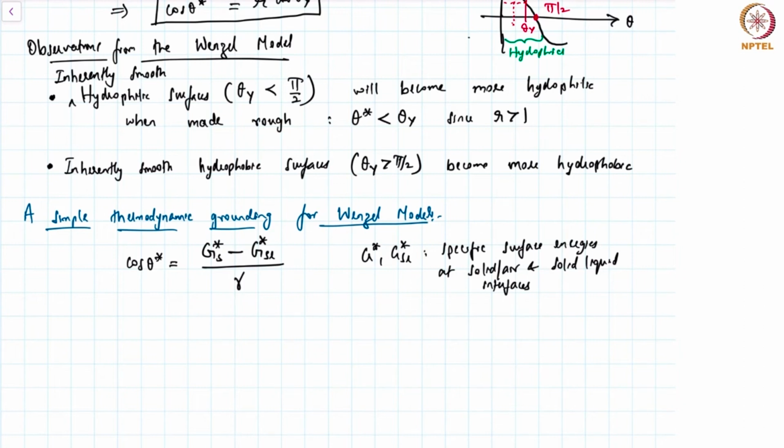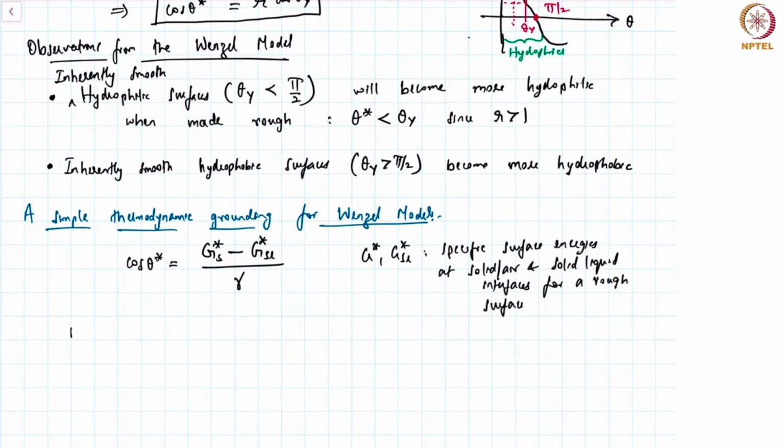undulations on the surface, the only thing that changes is the surface. The surface roughness changes the area, and the area effectively changes the total surface energy, right? So these quantities are the specific surface energies for a rough surface.